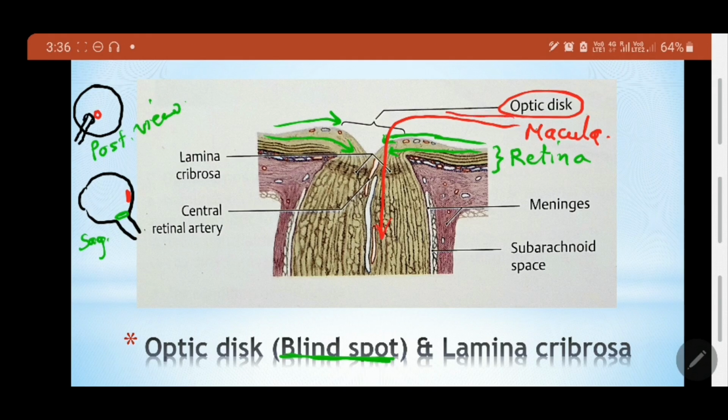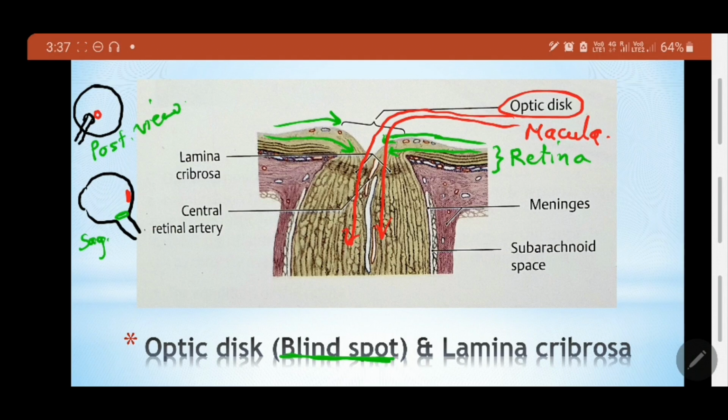The macular fibers pass towards the center of the optic nerve, while the peripheral fibers pass towards the lateral peripheral portion of the optic nerve. How this pattern is maintained I'll tell you further in my slide, but it is really important, as I told you, that the entire image formed on the retina is transported as such.